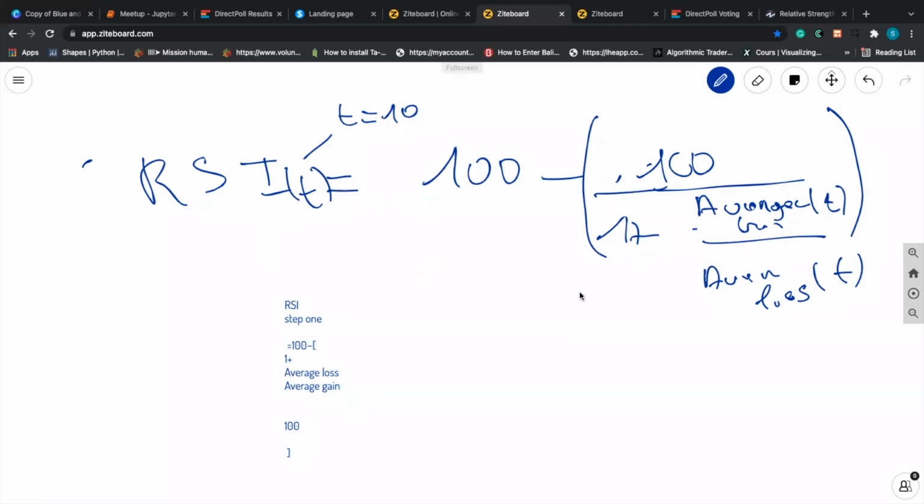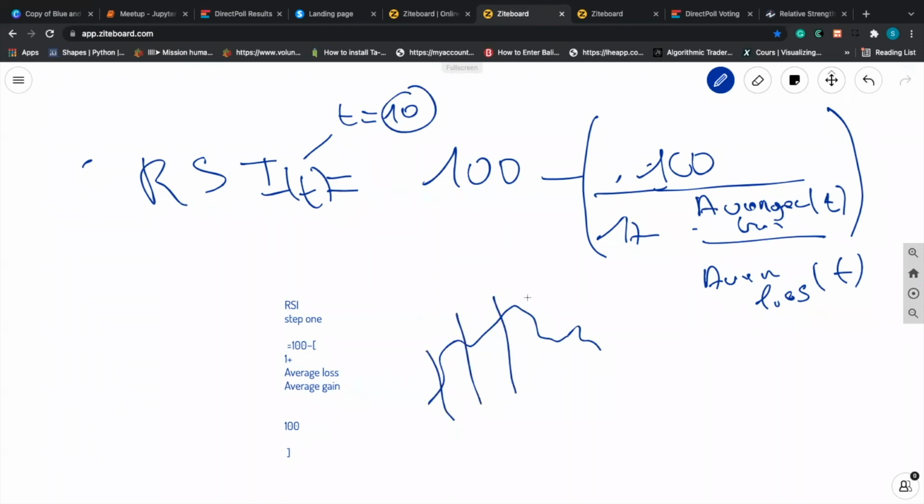Okay, so how is the RSI going to work? We are going on a period of T that has to be defined by us. Let's say we're taking a period of 10 days, which means we are going to look at the 10 latest days.